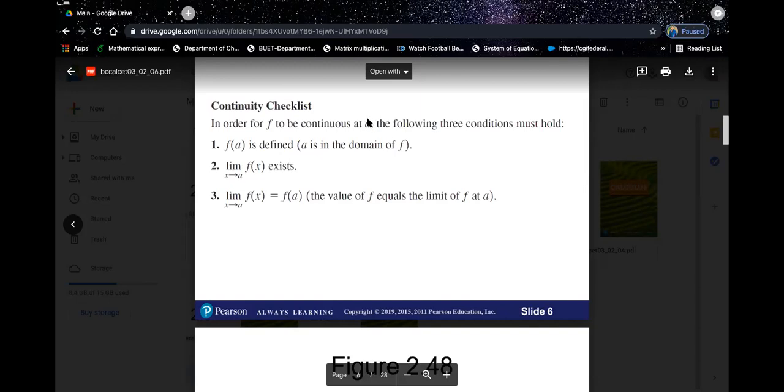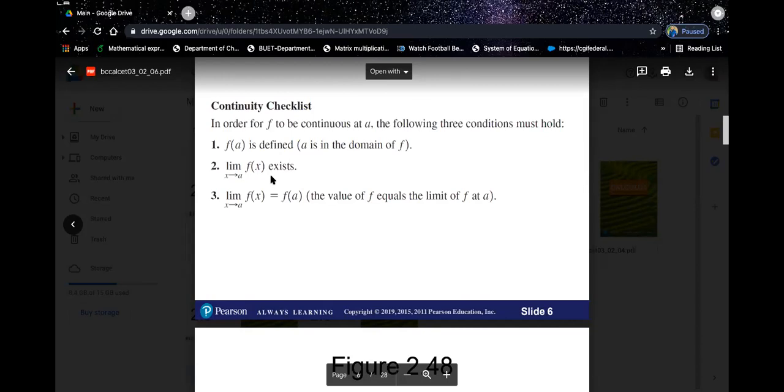There can't be a continuous function where there is no defined value at that point. Next one is the limit has to exist when x approaches that particular point.